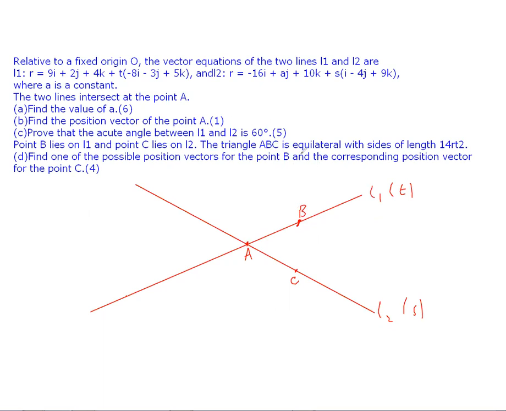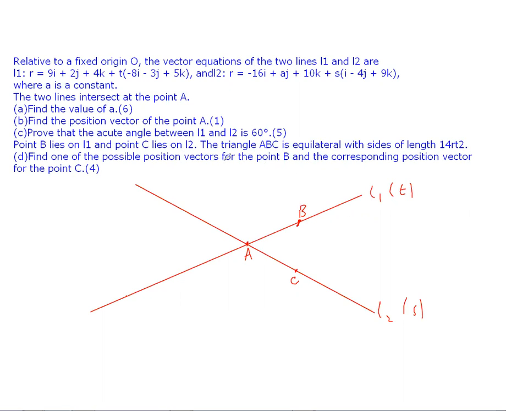Right. The triangle ABC is equilateral. Well, we know this angle is 60 degrees, and the sides are of length 14√2. So the length of the line from A to B and the length from A to C is 14√2.